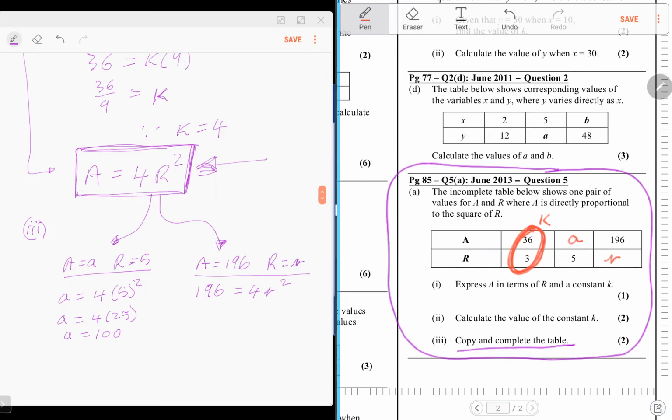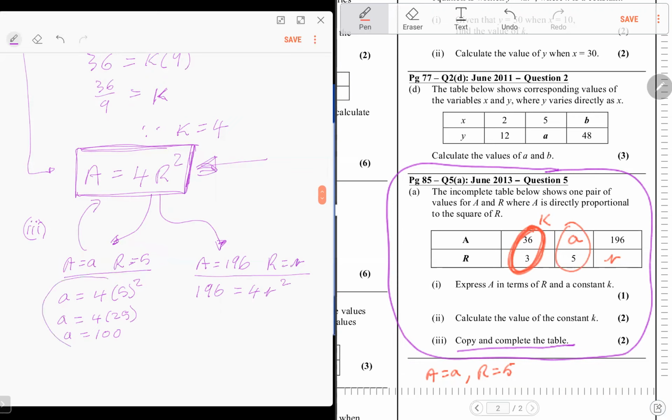So what are the pairs of values? The pair of values for this point is A equals a and R equals 5. That's what I use right here, and I use them in this formula. That formula governs everything else.